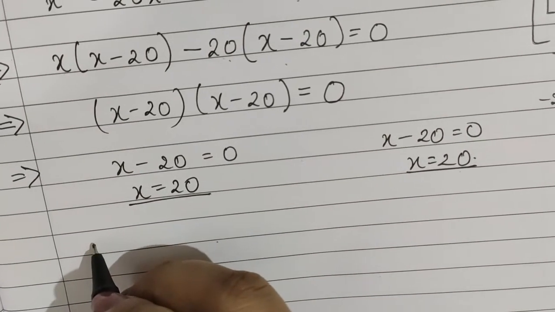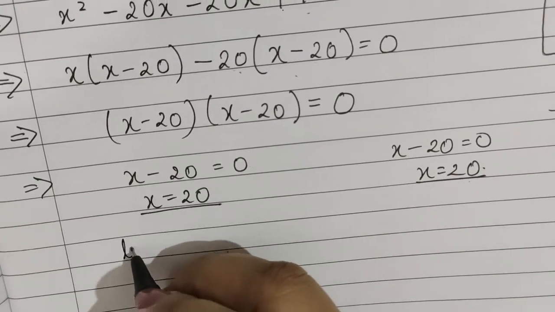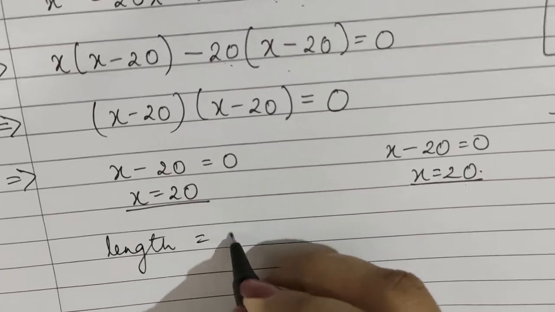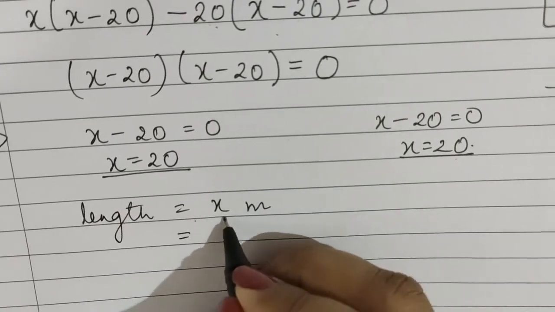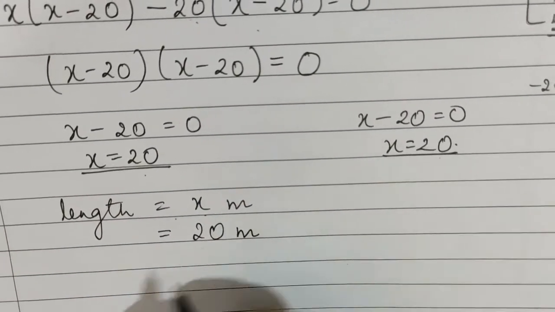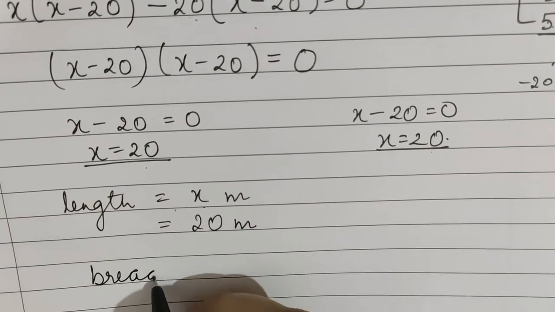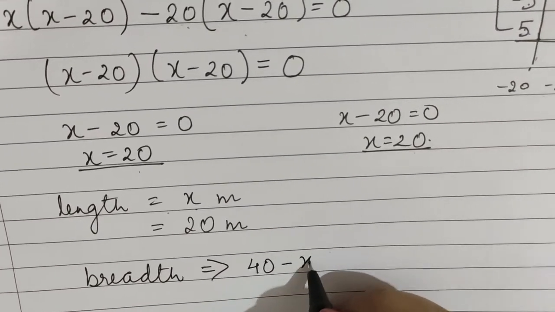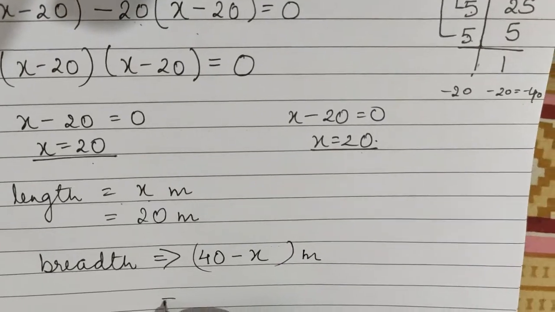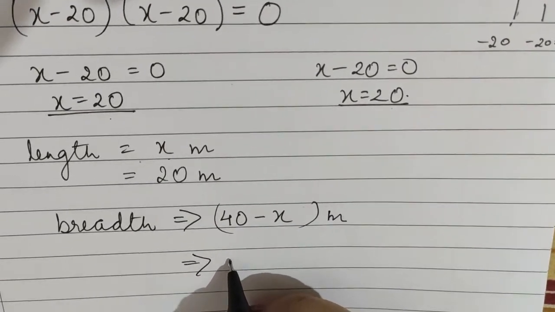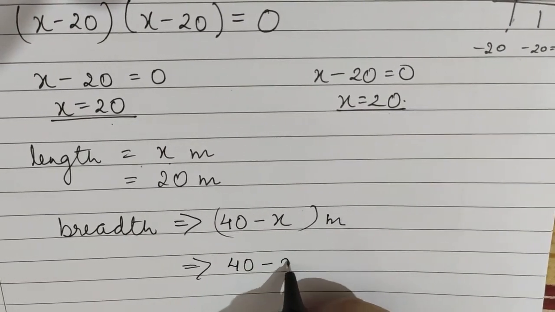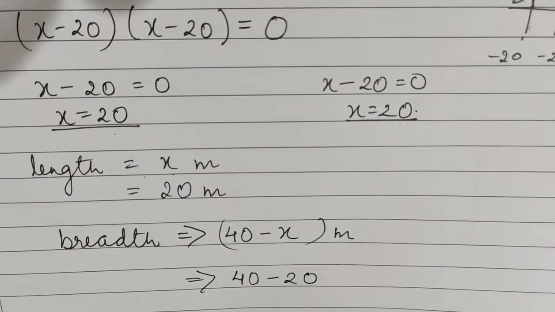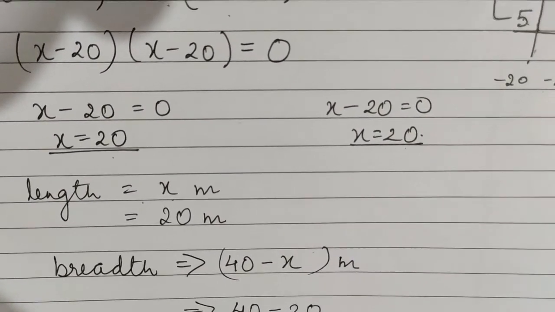Now in the first statement we assumed that the length is x meters. So x is 20 meters. The breadth was 40 minus x meters. So 40 minus x is 40 minus 20, which equals 20 meters.